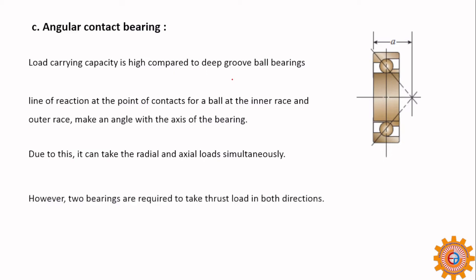However, two bearings are required to take thrust load in both directions. If these are used as thrust bearings, we have to use two bearings. A single bearing cannot carry thrust load in both directions.